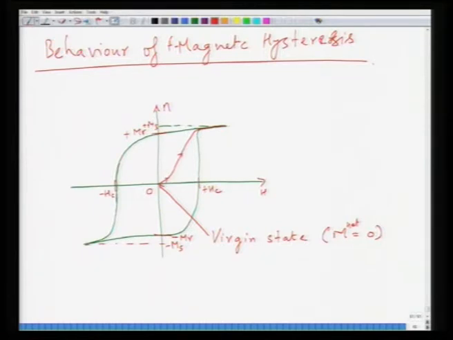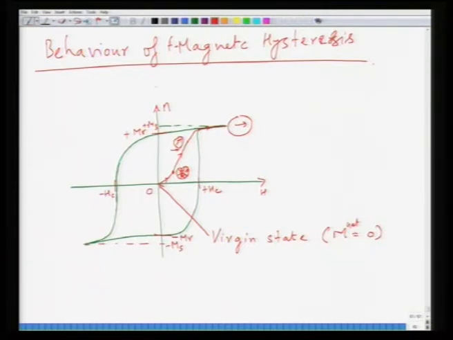So, you have these different regions of domain growth. Here you achieve complete alignment of domains like this, and at this point you would have different regions, so you would have situations like this. So, you do not have a net, you have a very small net magnetic moment, and so on and so forth.